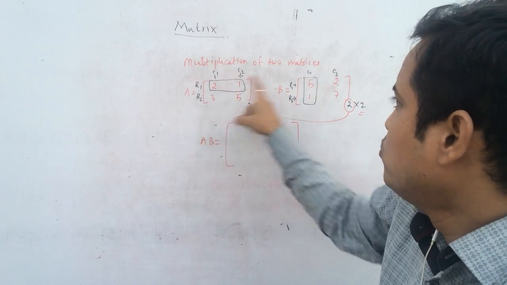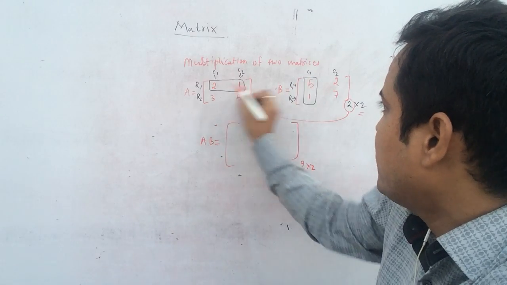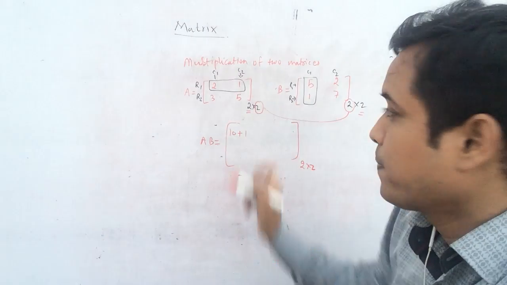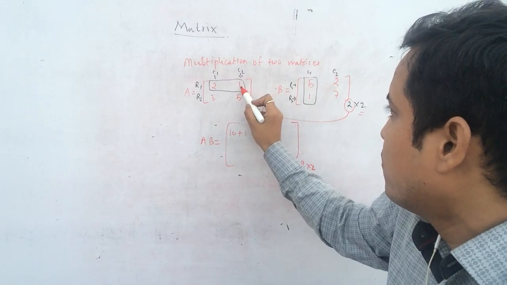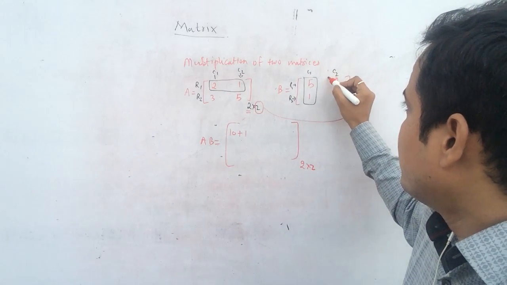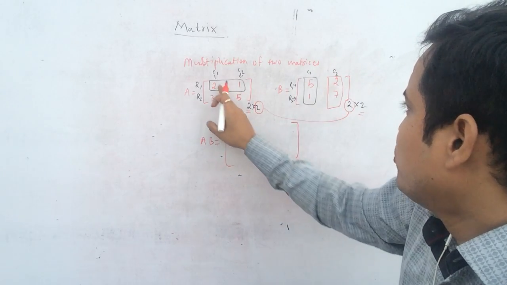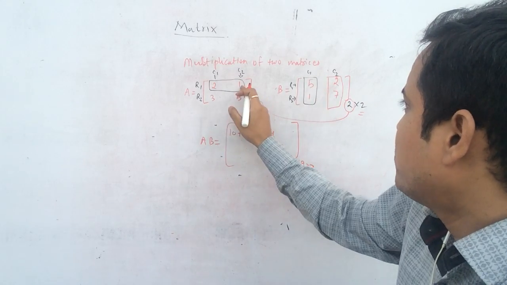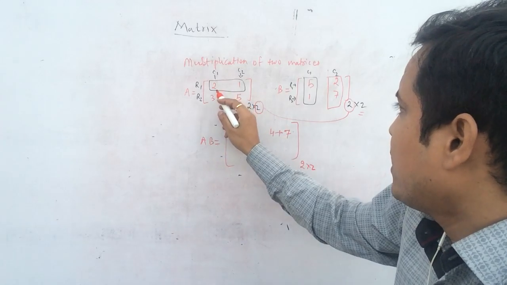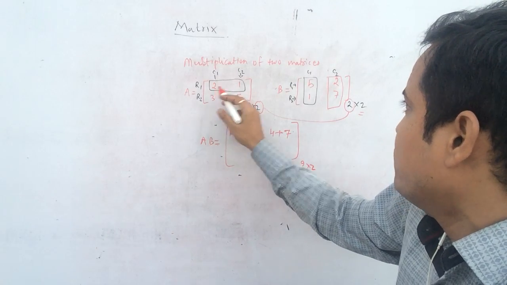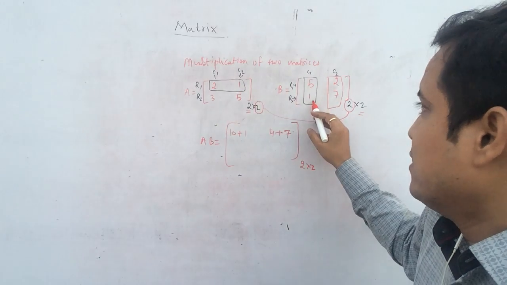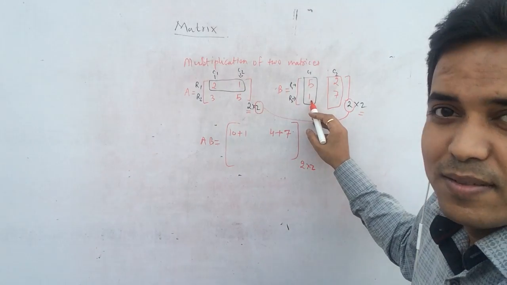How? 2 5s are 10 plus 1 1s are 1. Again, row 1 will be multiplied by column 2. How? 2 2s are 4 plus 1 7s are 7. That means A11 will be multiplied with B11, and A12 will be multiplied with B21, second row and first column.